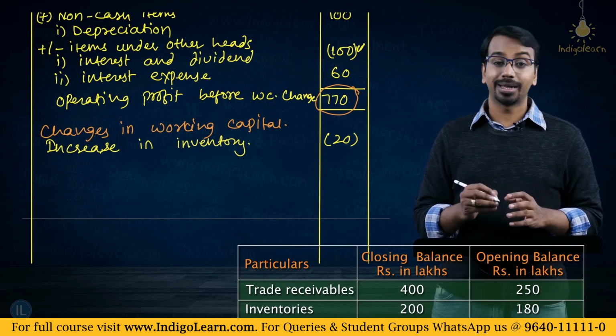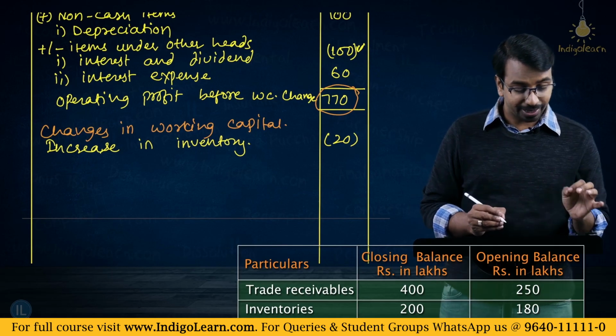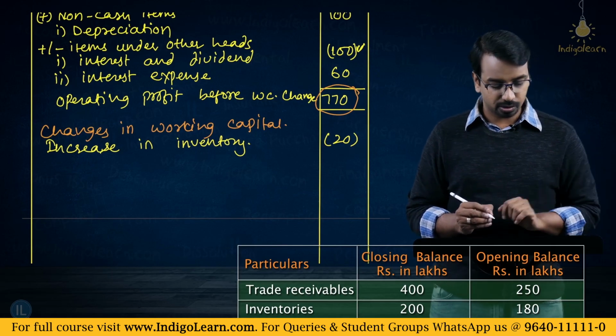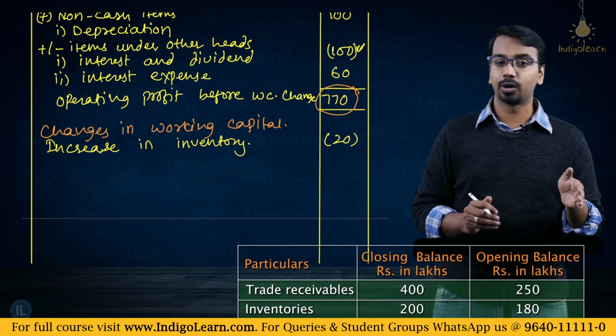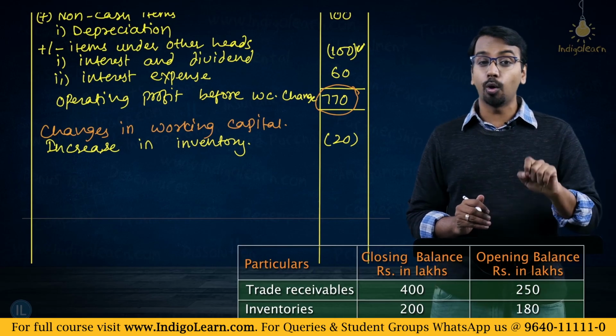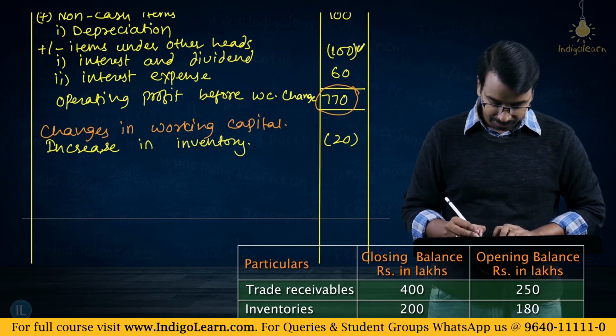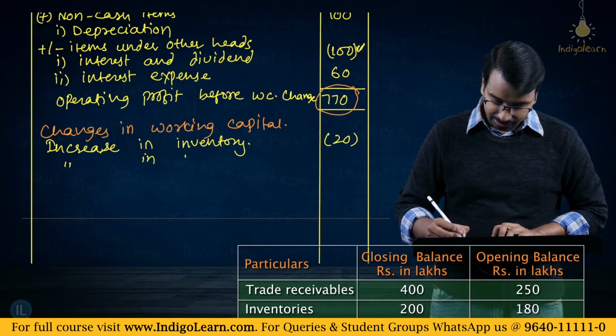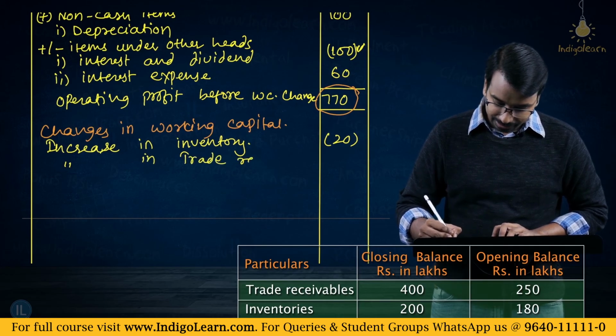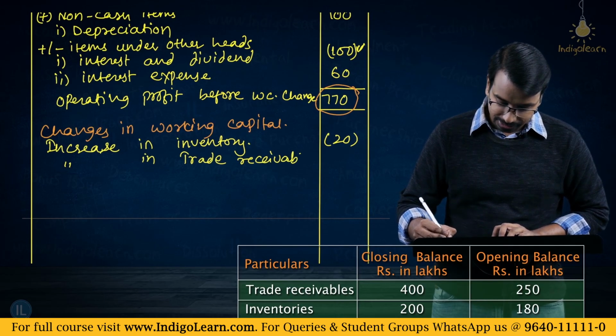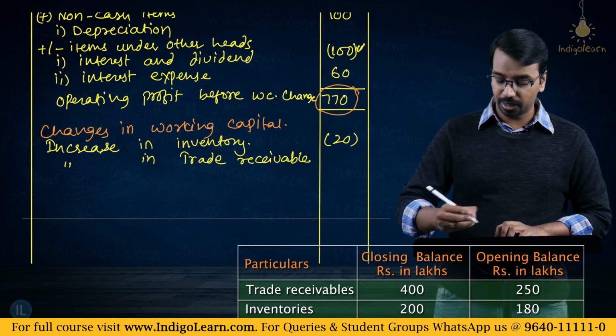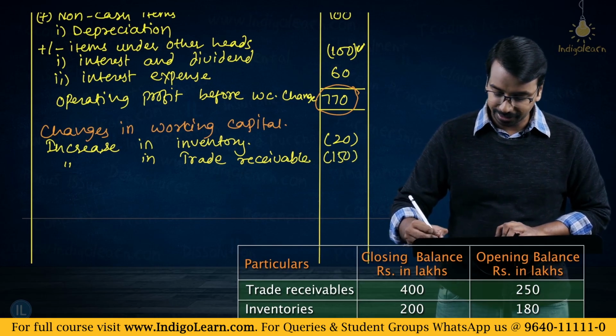Then the next item is trade receivables. Now trade receivables also, if you see, from 250 it has become 400, and for assets we said we will see opening minus closing. So increase in trade receivables, that is 250 minus 400, minus 150.